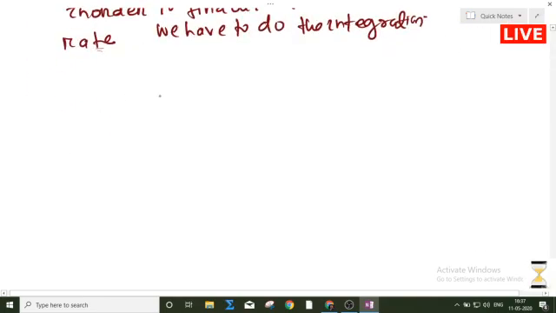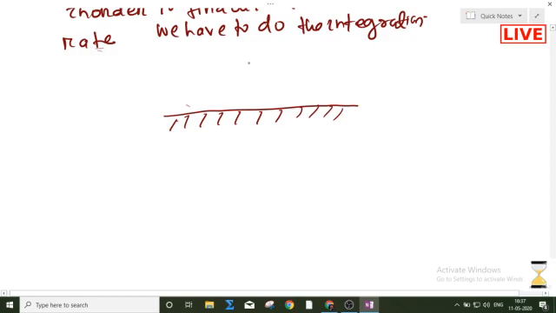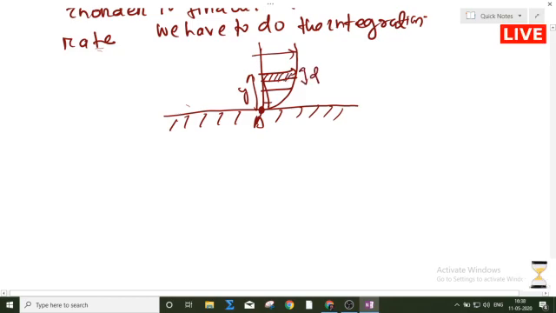So if you understand this, this is my solid boundary, and this is my velocity at this point A. The velocity gradient will be this one. I have chosen, at a distance y, a small elemental strip having a thickness of dy, and I found the reduction in mass rate about this elemental strip.